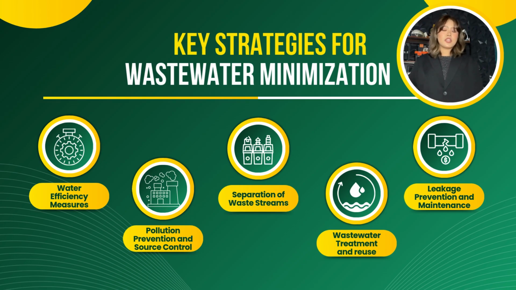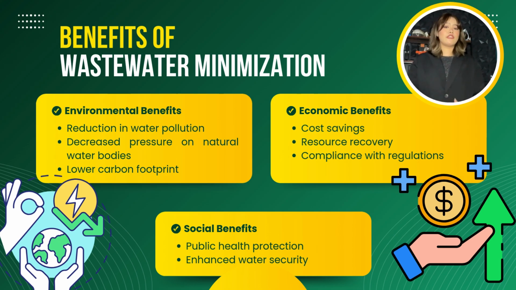By segregating contaminated water from relatively clean streams, it prevents unnecessary mixing and allows more targeted treatment, which reduces the volume of wastewater requiring advanced treatment. Next is waste treatment and reuse. There are on-site treatment systems and advanced treatment technologies. Next is leakage prevention and maintenance, which means regular infrastructure maintenance and upgrading of aging infrastructure.